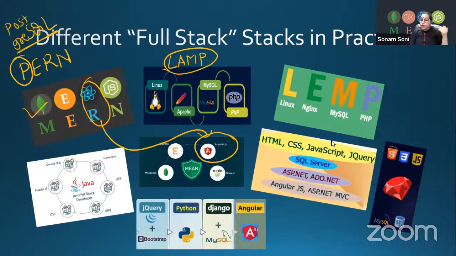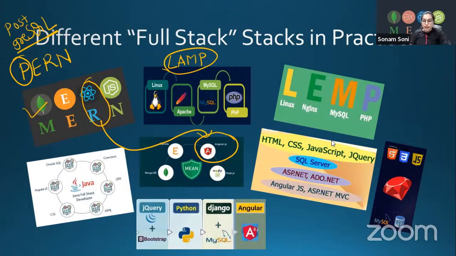From the MERN stack, if you want to become a PERN stack developer, you just have to learn the database, which is PostgreSQL. If you know React and a database, and you want to change your skill from MERN stack to Java full stack, you have to learn Java only, because you already know the database and the front end, so you are supposed to learn only the Java backend code. Similarly, if you want to change your language from Java to Python, at that time you can start with Python. So at a time you are not going to learn everything, obviously.